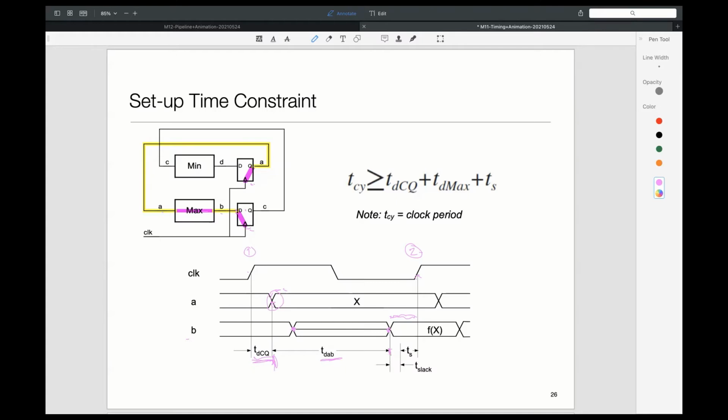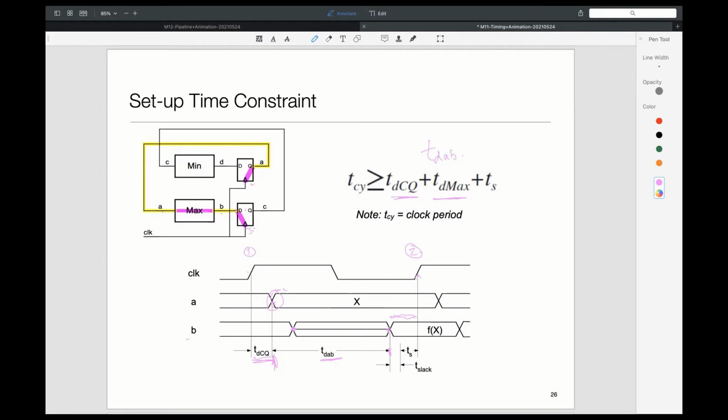And this instant out here must be such that I have enough time remaining before the next clock tick arrives, right? Because for the second flip-flop at the next clock tick, I have to meet the setup time requirement. So what that gives us is the following: TDCQ plus TD max. TD max is what we are calling TDAB, right?